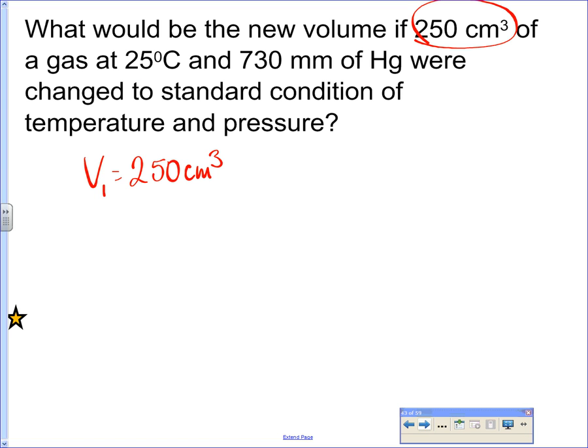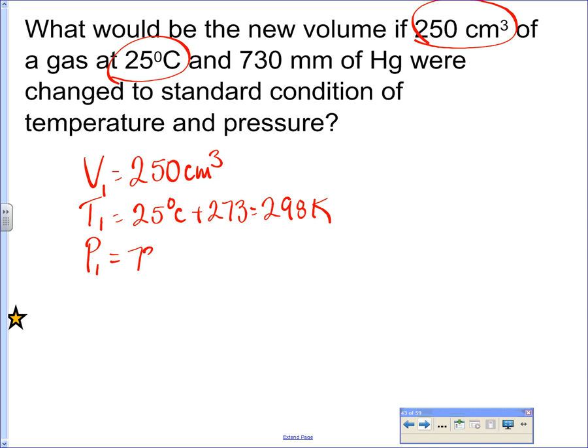I'm given a temperature, 25 degrees Celsius, but remember, it can't stay in Celsius, so I've got to convert it to Kelvin. And I'm also given a pressure, 730 millimeters of mercury.